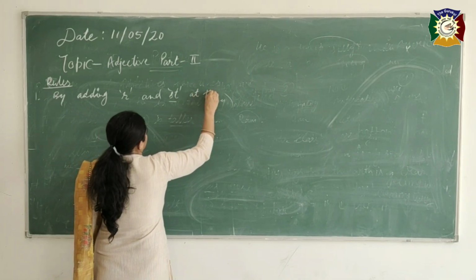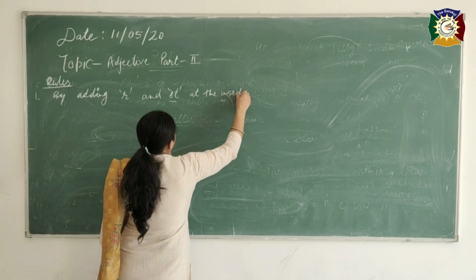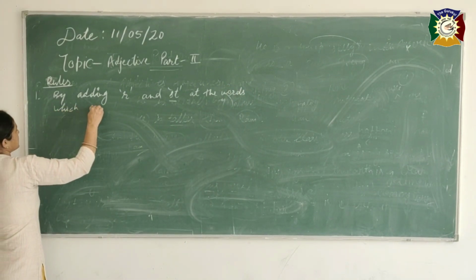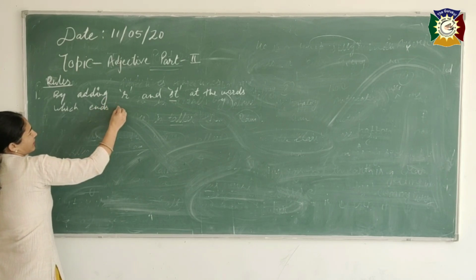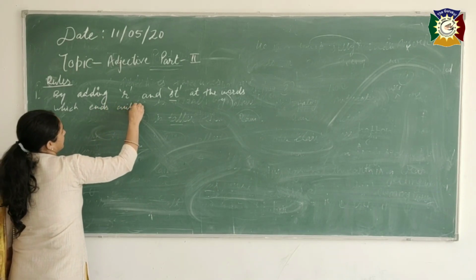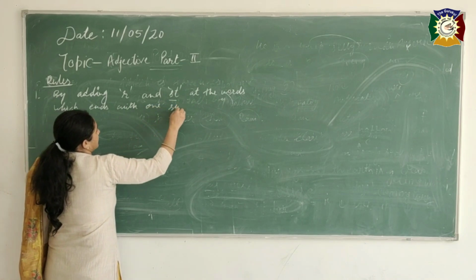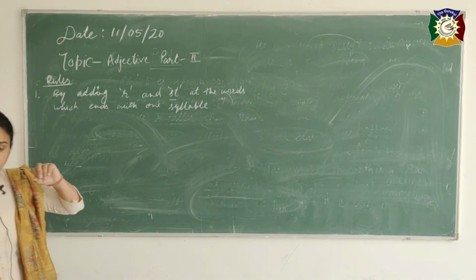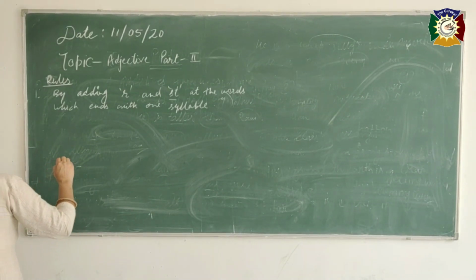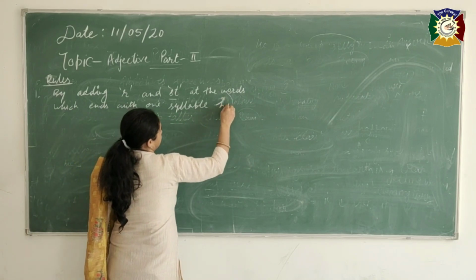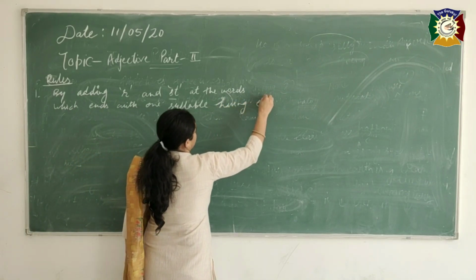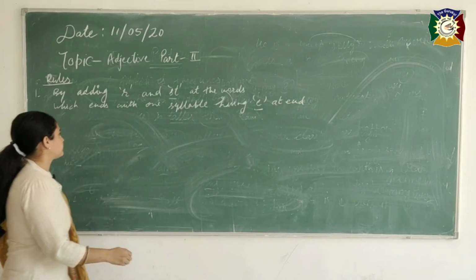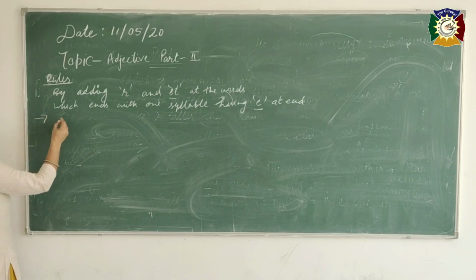Add to the words which end with one syllable. We can take the example with one syllable having E at the end, like large.